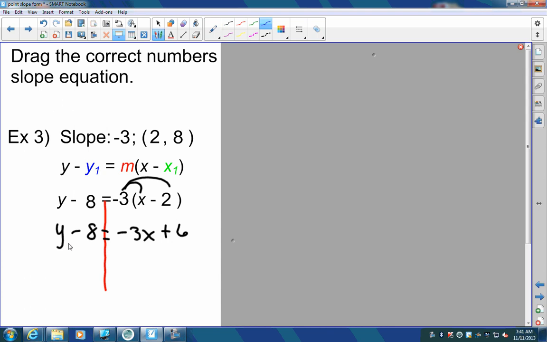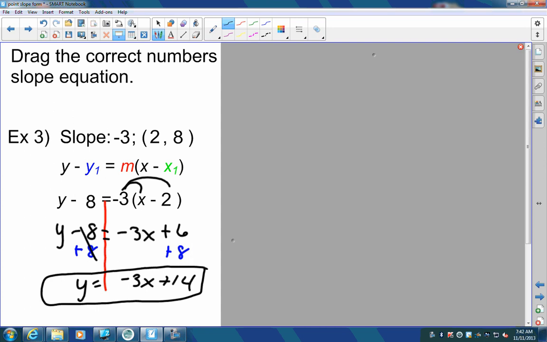So I'm going to have plus 8 and plus 8. So I get y equals negative 3x plus 14. That's your equation. This is equivalent to this. I keep saying equivalent because on your test they're going to ask you that question. Remember, equivalent means basically the same. Which one equals it?